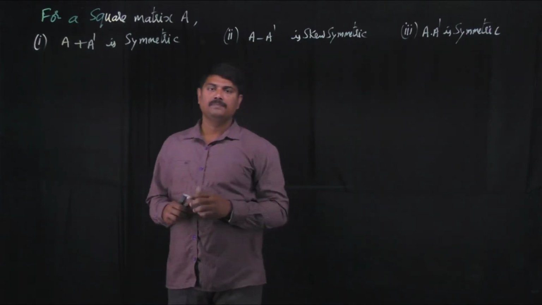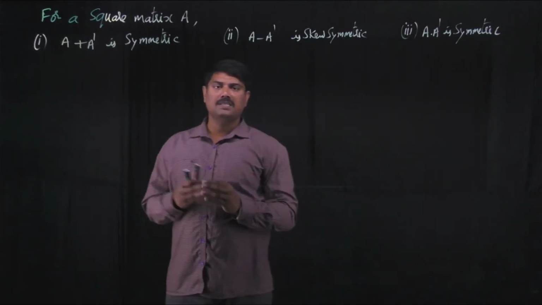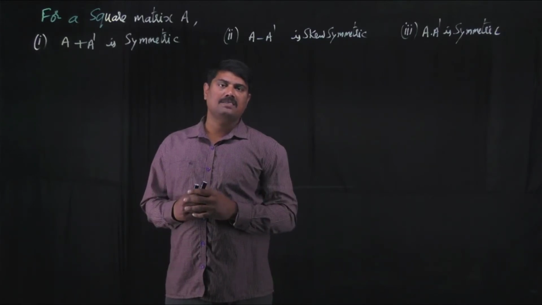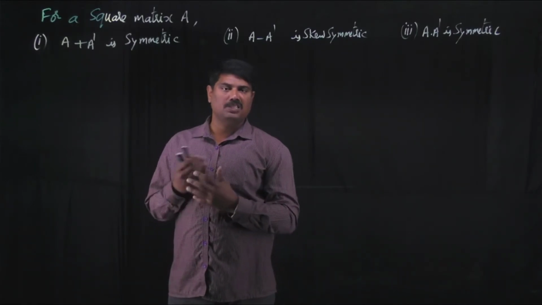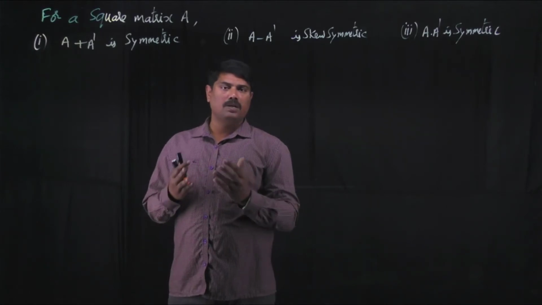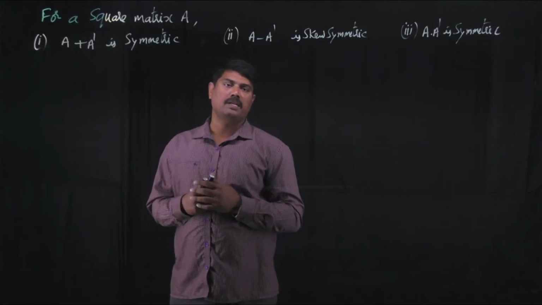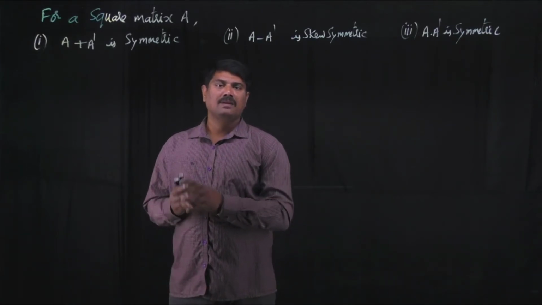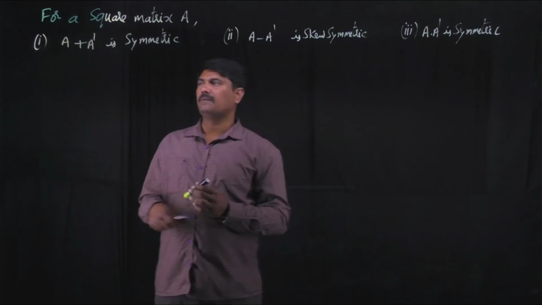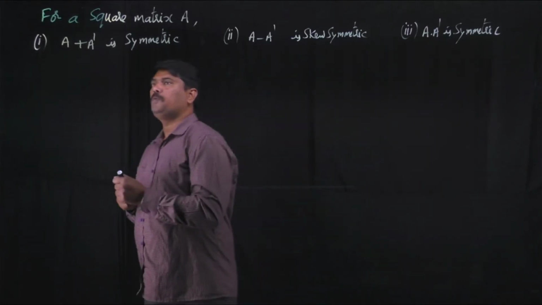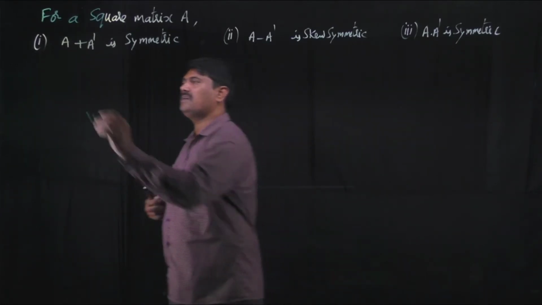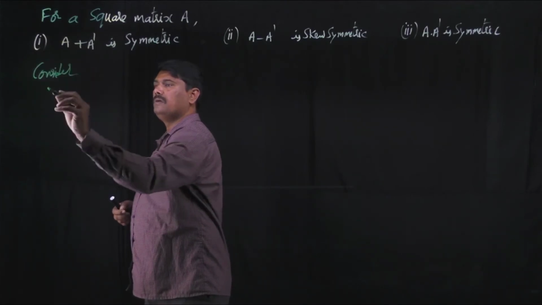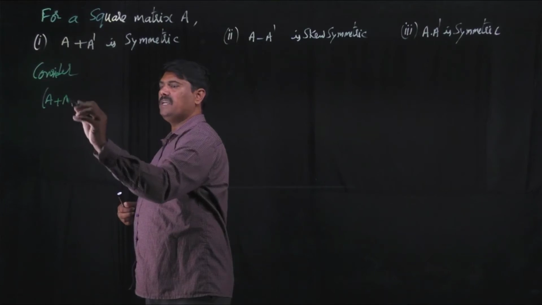Remember, to verify whether the given matrix is symmetric or skew symmetric, the definition says that after transposing such a matrix, if it is equal to that same matrix, it is called symmetric. If it is equal to the same matrix with the opposite sign, it is said to be a skew symmetric matrix. So to prove A plus A dash is symmetric, we have to consider the transpose of A plus A dash.